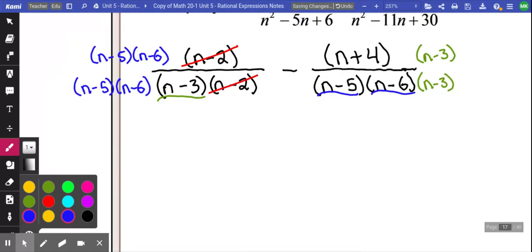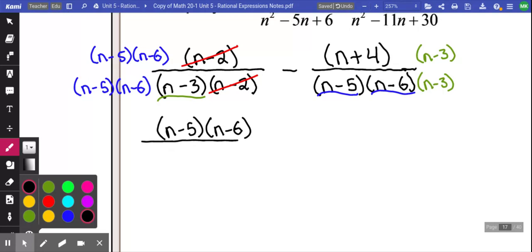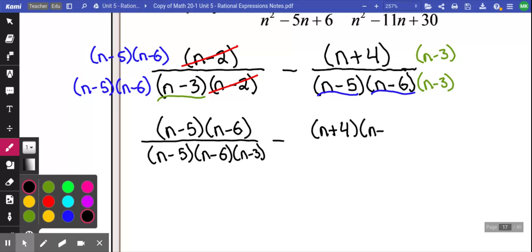Now, if I was to rewrite this out, I have n minus 5, n minus 6, divided by n minus 5, n minus 6, n minus 3. Subtract n plus 4, n minus 3, divided by n minus 5, n minus 6, n minus 3.